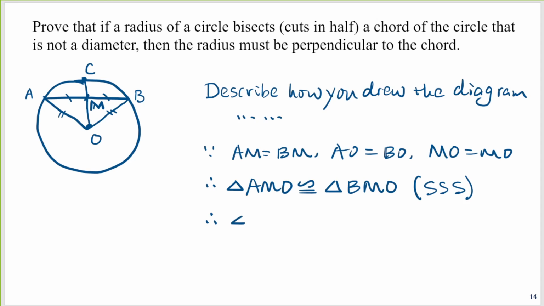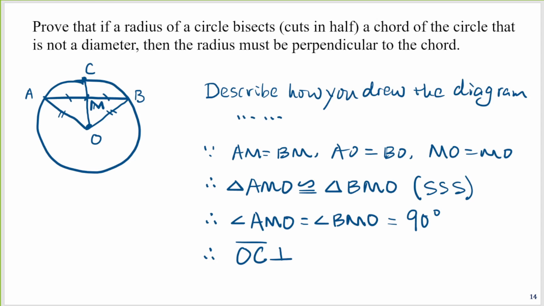Therefore, we know corresponding parts are equal, so angle AMO equals angle BMO, and both of them are half of the 180 degrees, which is 90 degrees, right? Therefore, we know OC is perpendicular to AB. The proof is done, right?